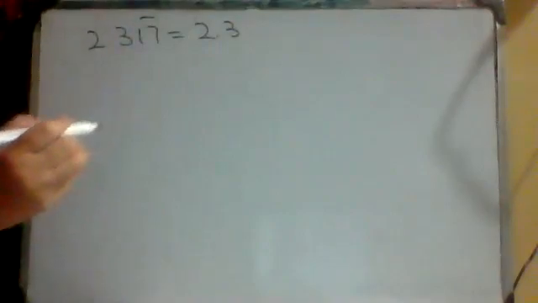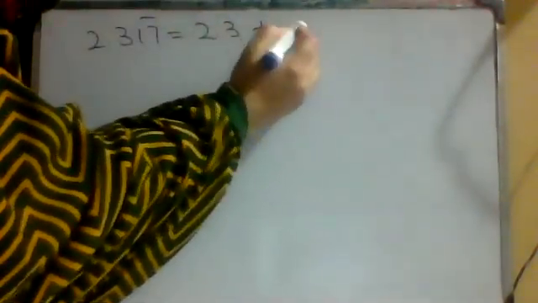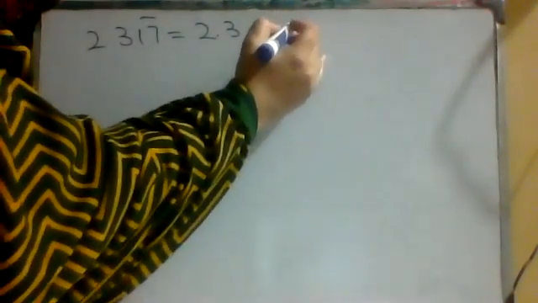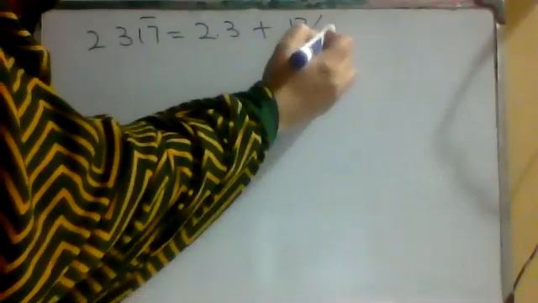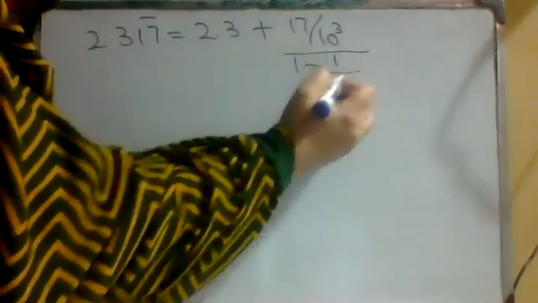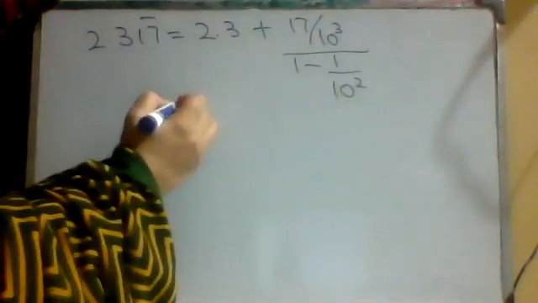So we know the sum of this series is a over 1 minus r. So 2.317 is now equal to 2.3 plus the sum of the geometric series, which is a over 1 minus r. a is 17 over 10 cubed divided by 1 minus 1 over 10 squared.